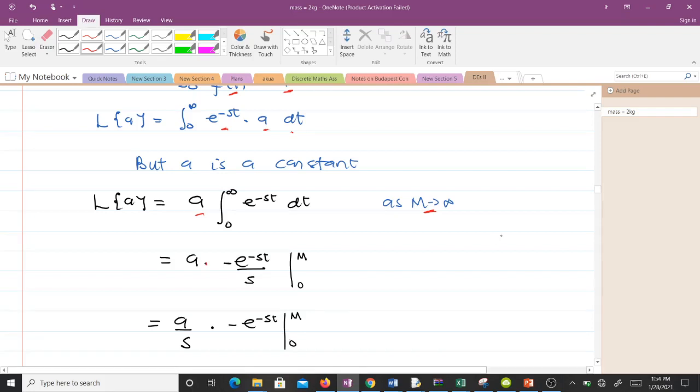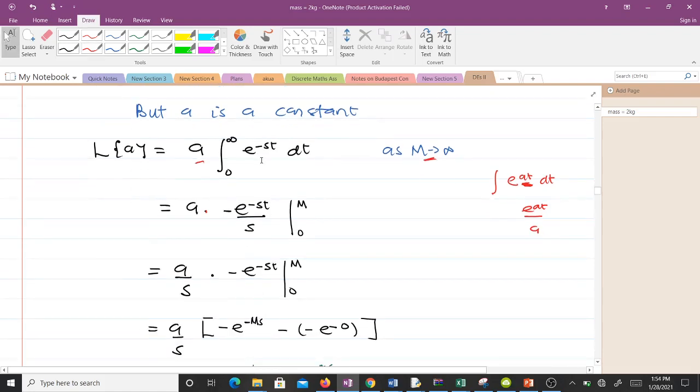So when you have an exponential function and you have to integrate something like this, you maintain the function and you differentiate the exponent with respect to t, so you get a. So that means this will be this over a.